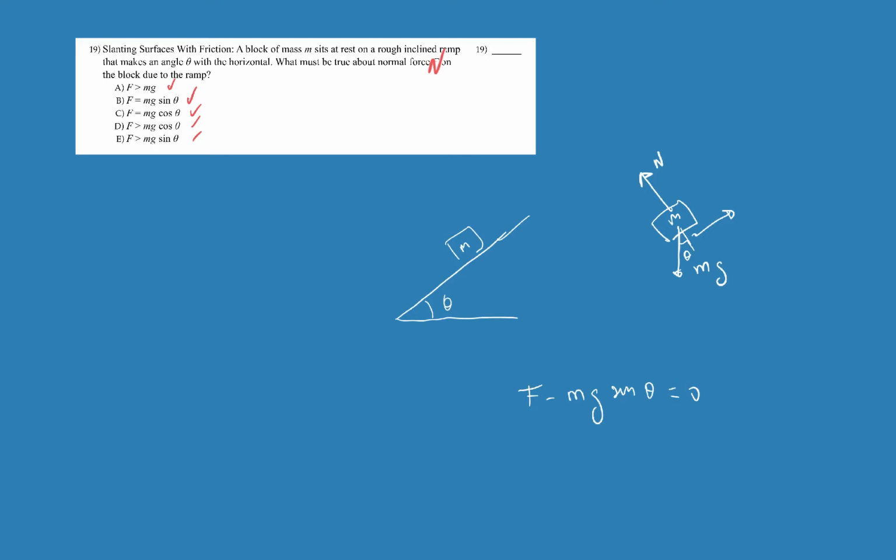The only thing to answer this question is to solve the problem. What are the forces acting on the body? There are two forces acting on the body. I see the weight mg going downwards, and I see the normal force.